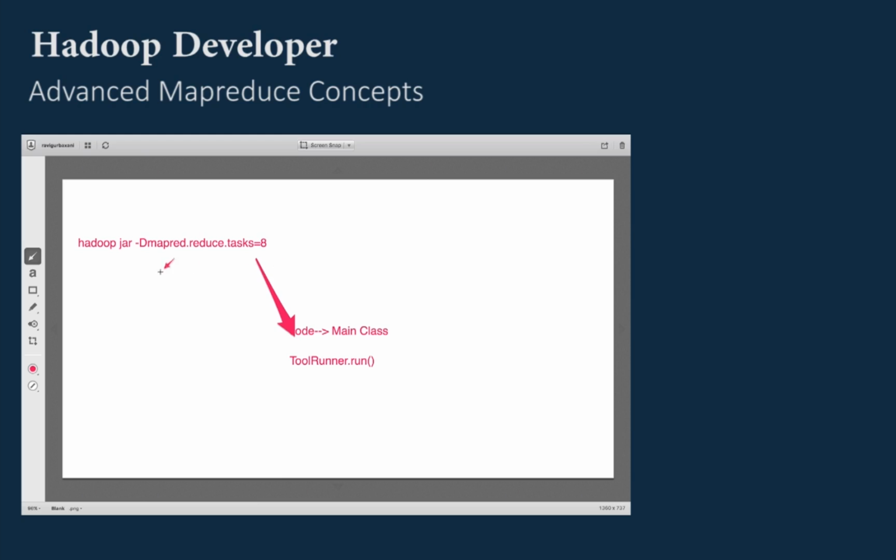So the way you do it, the entire syntax is hadoop jar, let's say wordcount jar, wordcount, with the reducers option. This is our way of saying that the number of reducers for this particular program is going to be 8.